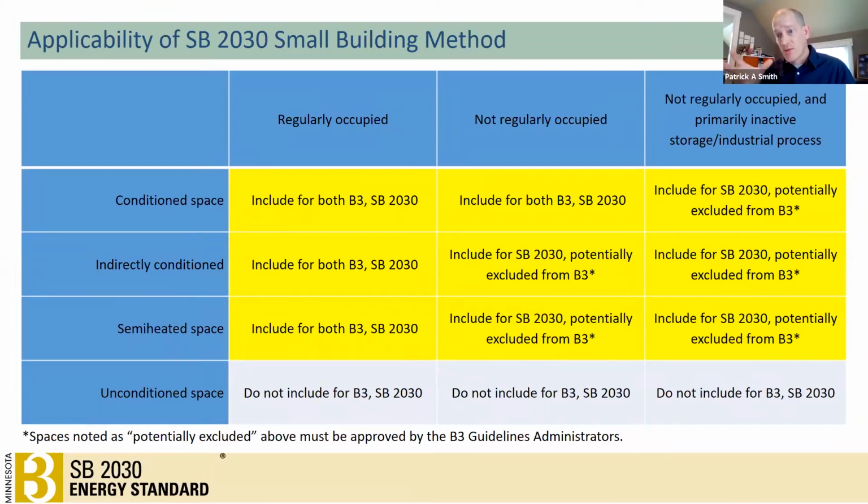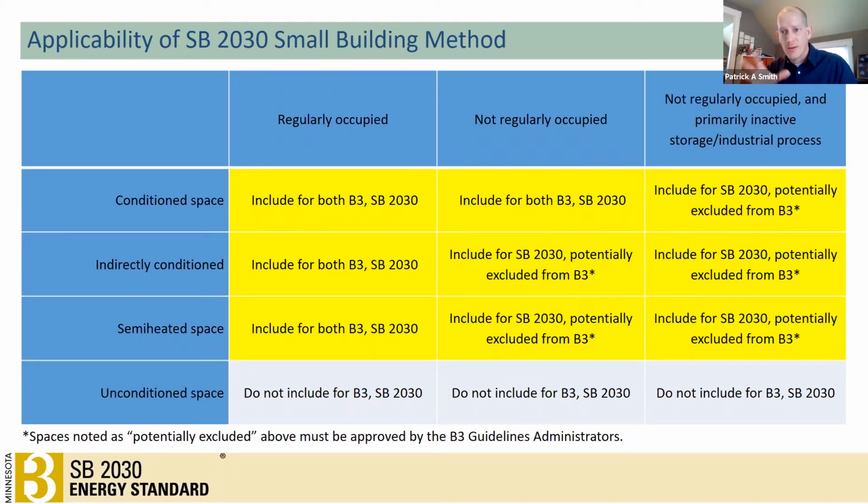And so this is both for the small building method under B3 guidelines, but also the small building method under SB 2030. If you had a space that was part of a building under code and not conditioned, it would still need to meet the B3 guidelines program, but it could do so with a small buildings approach.